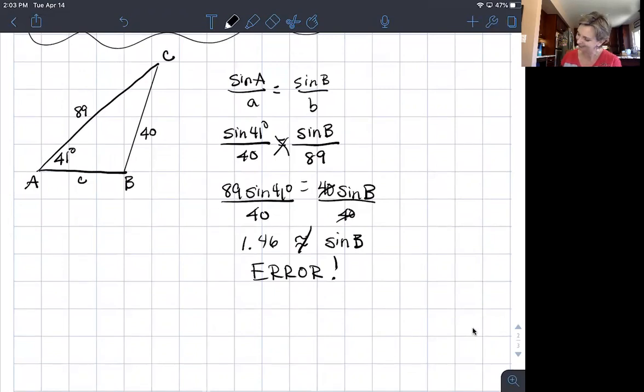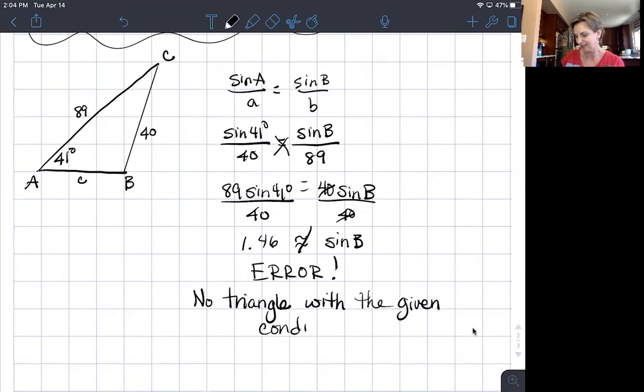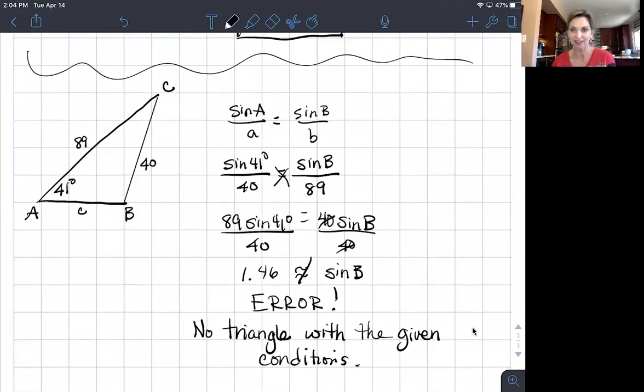What that means is there's no triangle with the given conditions. There's no answer for this problem. Sometimes that just might happen. You might not get an answer for every given triangle, and this is an example of one where that would happen.